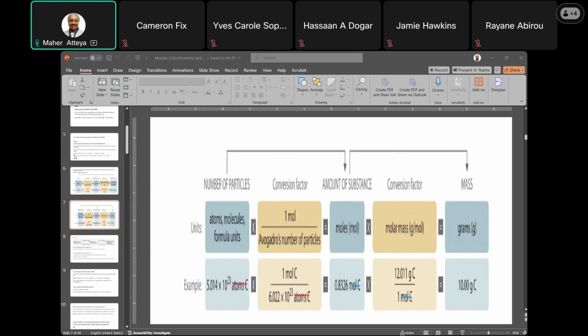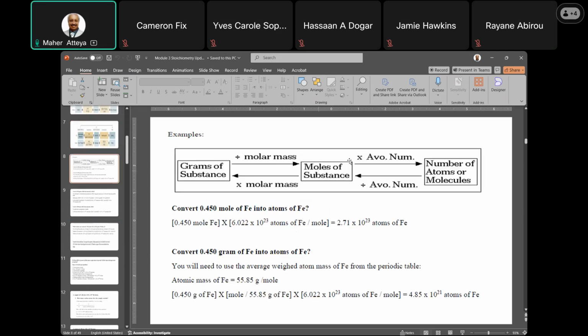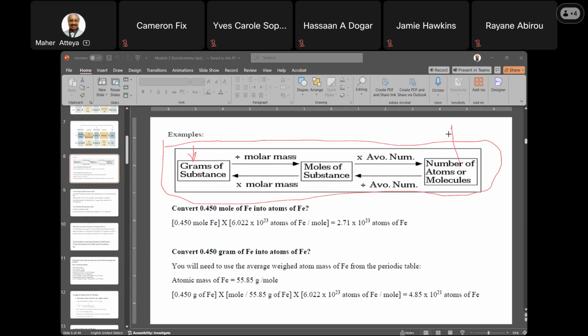Let's look at some examples here. This is just in this diagram. If you look at this diagram, it gives you whatever we said. When you go from grams, a small amount, to a larger amount, you can expect the answer will be large, from mass in grams into number of atoms or molecules or ions.